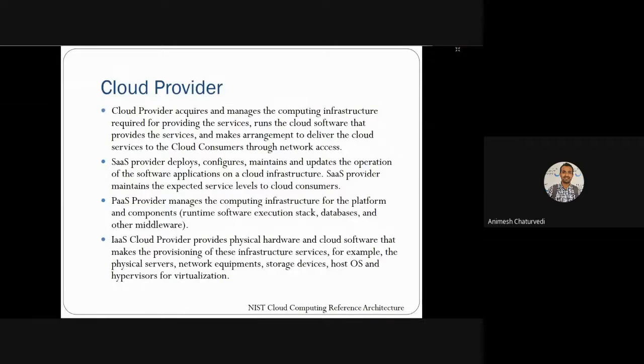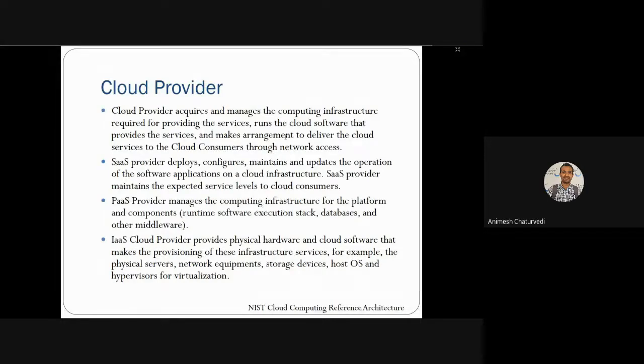So an IaaS consumer basically gets physical hardware, and various cloud software that are provisioned for infrastructure as a service. So what an IaaS provider does: they provide physical servers, network equipment, storage devices, host OS, and hypervisors for virtualization.